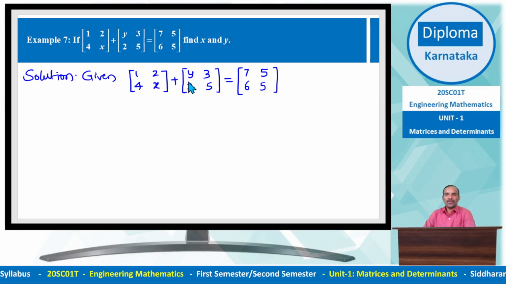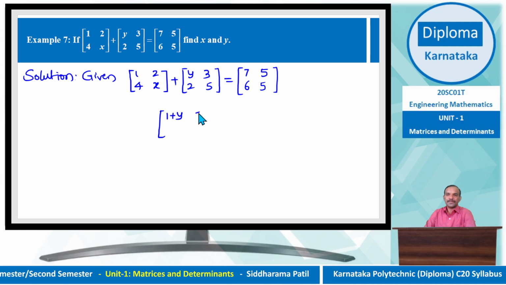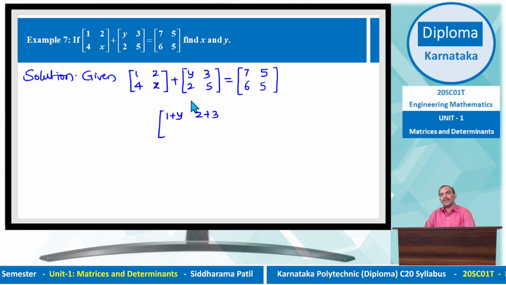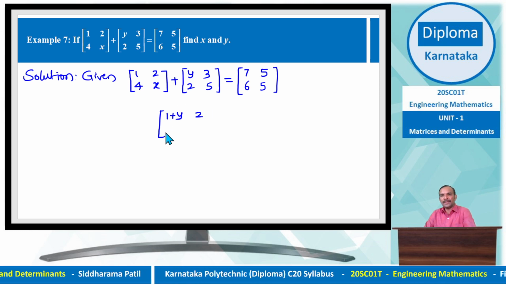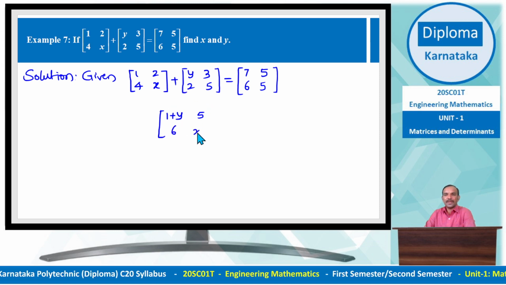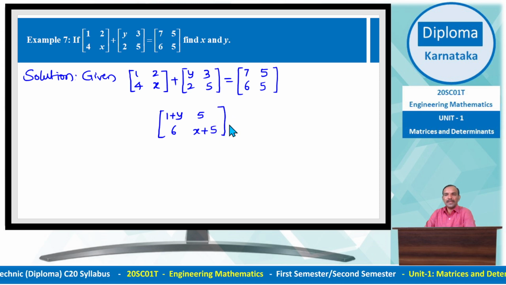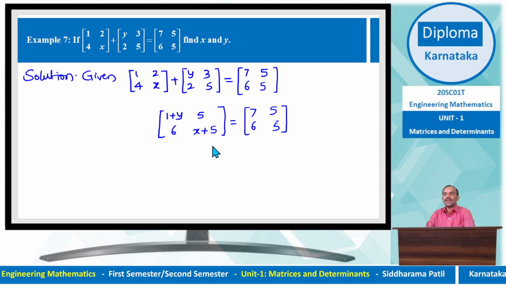In left hand side there are two matrices with addition. You have to add those two matrices. Add the corresponding elements. 1 plus y, 2 plus 3, next 4 plus 2, or you can write directly 2 plus 3 is 5, 4 plus 2 is 6, x plus 5 is equal to 7, 5, 6, 5.